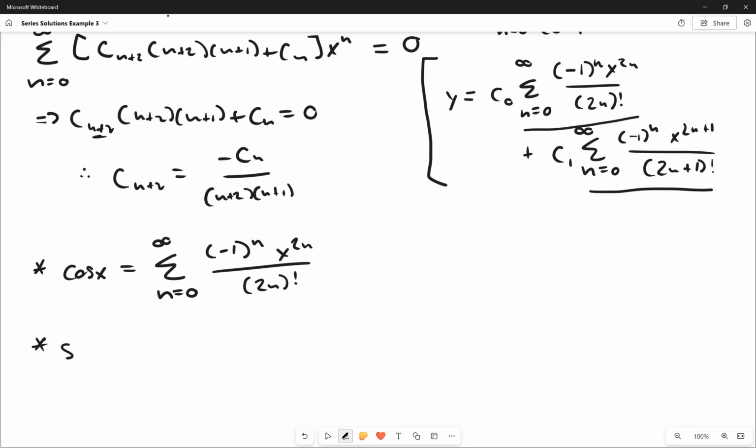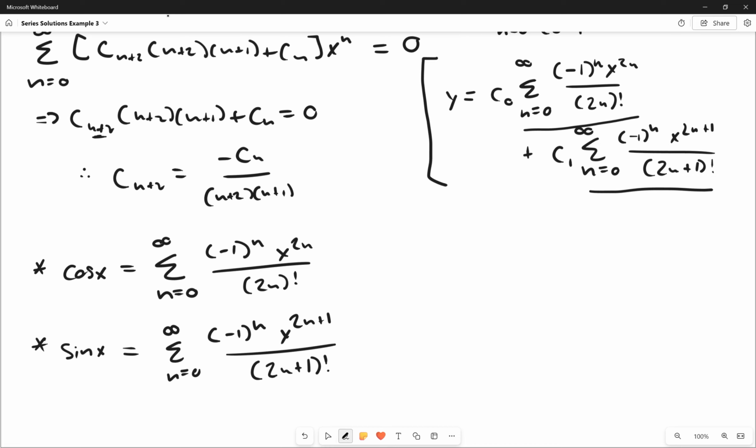And that sine x is very similarly the infinite series from n equals 0 to infinity of negative 1 to the n, x to the 2n plus 1 over 2n plus 1 quantity factorial. And lo and behold, that's exactly what we have in our series solution for this.